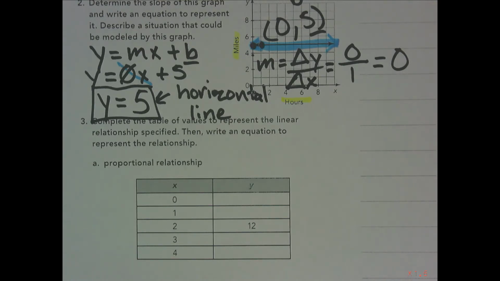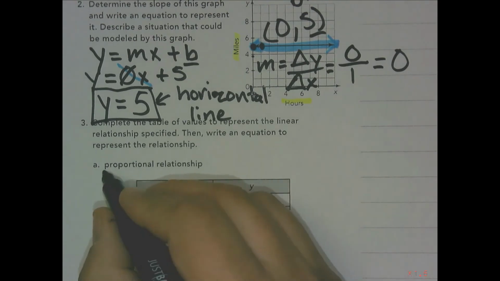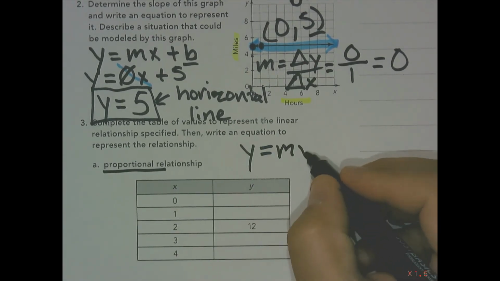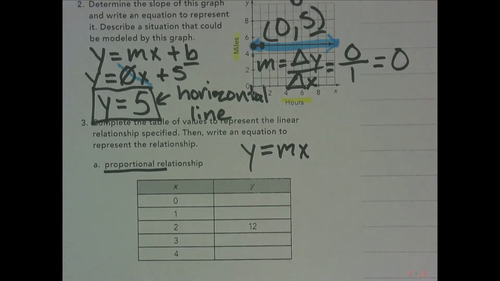So number 3 says complete the table of values to represent the linear relationship specified. If this is a linear relationship and it is proportional, it takes the form of y equals mx.